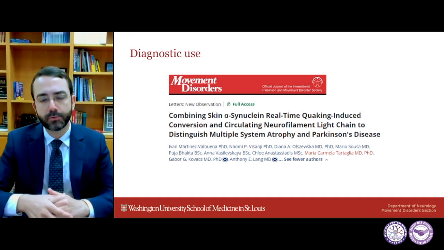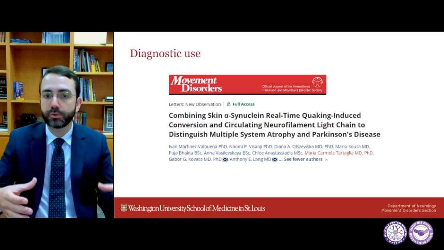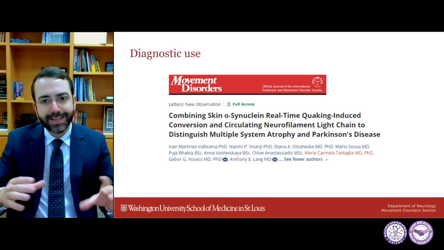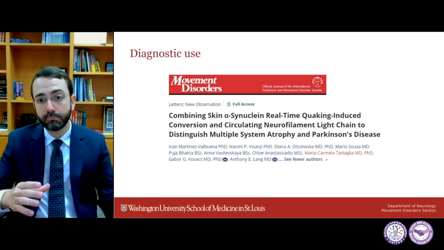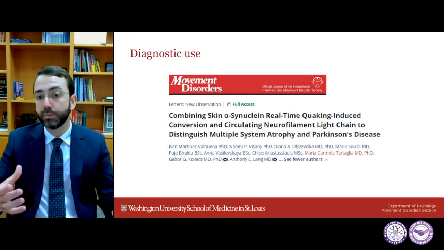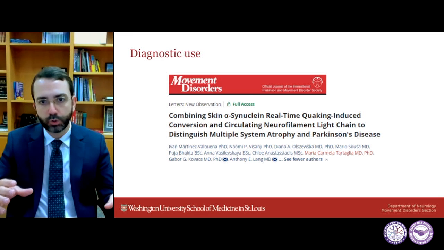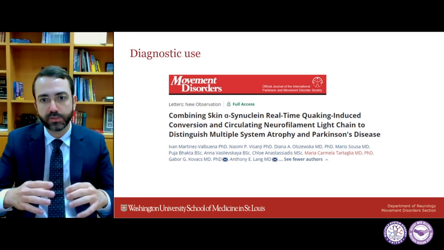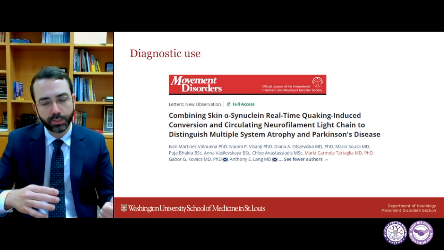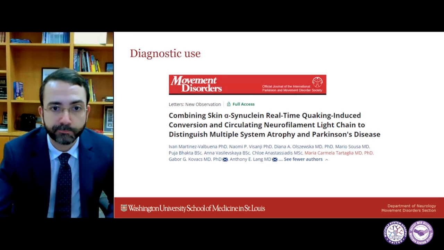So the idea was that we could potentially use these seeding assays to identify the accumulation of alpha-synuclein, but that by itself doesn't allow us to differentiate between PD, MSA, or DLB. So by combining neurofilament light chain, we could overlap these results and identify the patients that have not only alpha-synuclein, but also increased levels of neurofilament light chain.